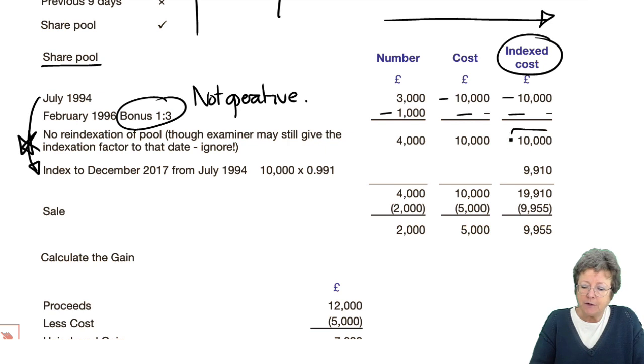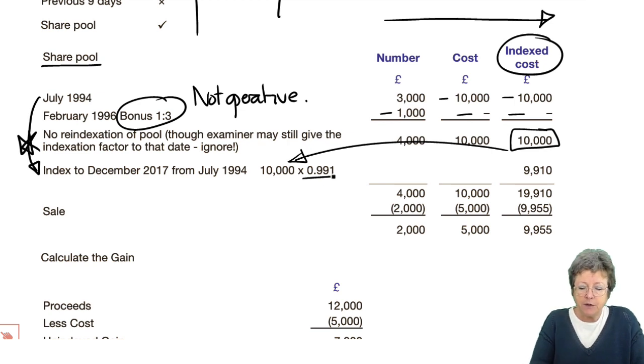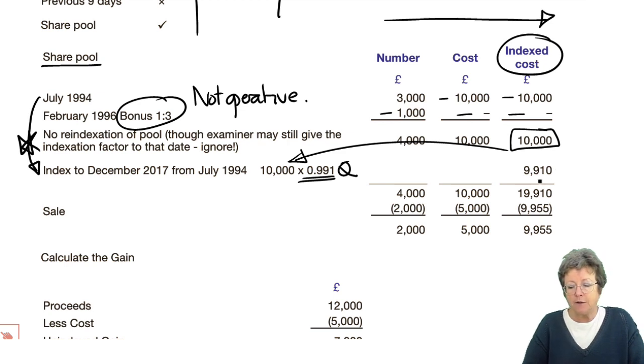So it's the indexed cost figure that we are indexing. This has come from the question, giving us an extra 9,910. Subtotal, again, always subtotal as you're going along.